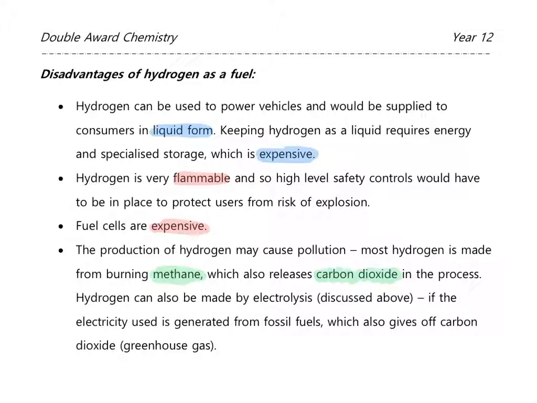And even if we're using electrolysis, if we use fossil fuels to generate the electricity, that's going to give off carbon dioxide as well, a greenhouse gas. So that's why we said in the previous page, if you're preparing it by electrolysis, try to use renewable sources of electricity such as tidal, hydroelectric, and so on.